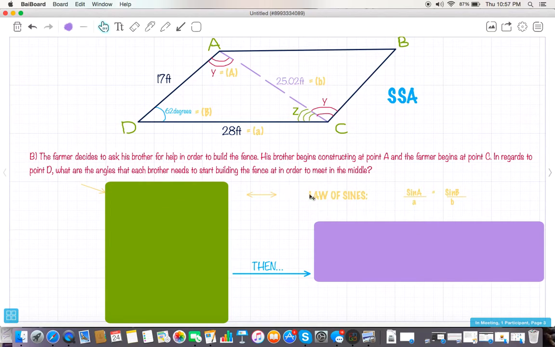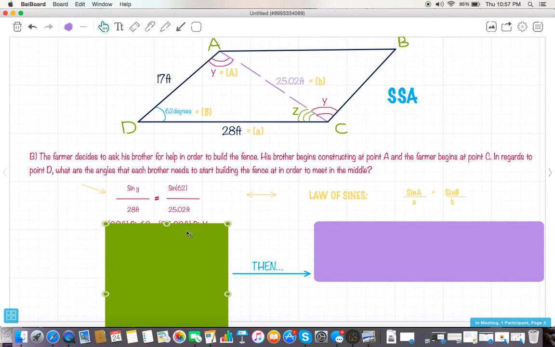Since we're given SSA, side, angle, side, we use the law of sines, where sine of A over the opposite side, in this case 28 feet, is equal to the sine of angle B over the side B. So if we plug in the values we have for this triangle, we get sine of y over 28 feet is equal to the sine of 62 degrees over 25.02 feet.